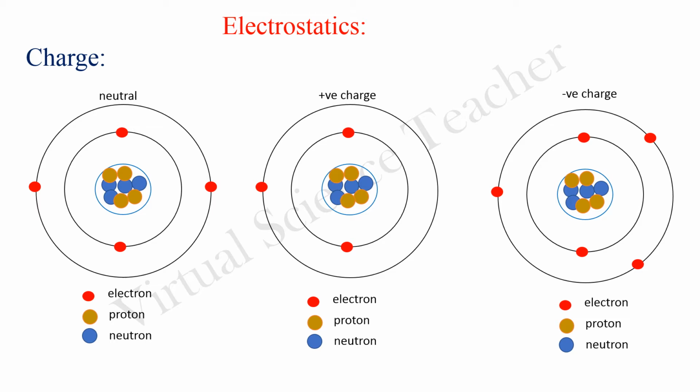I cannot eliminate a proton from the center of the atom because it is bound strongly. So what I can do, I can easily put an electron into the atom, or we can take an electron from the atom.